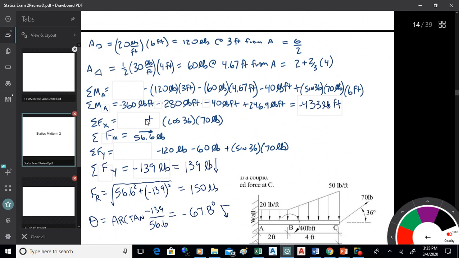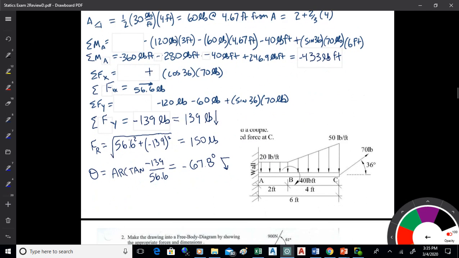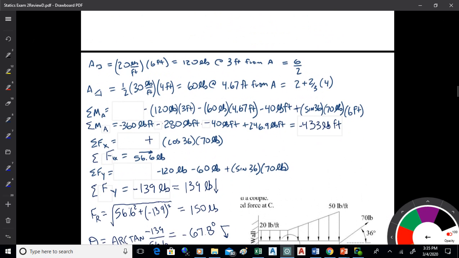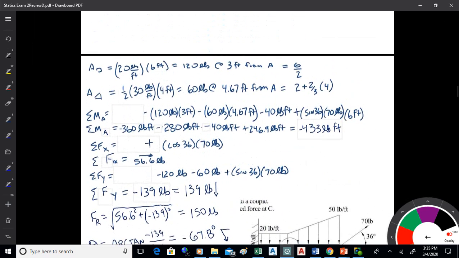The resultant is the action in a physics sense. It's what's done to something. So what I'm asking is, if you take these forces, this distributed load and that angled force and the couple, and apply them to that beam, what's A going to feel? Okay. So what I want you to do is just sum up the forces on this one. And the key word on that is find the resultant. Okay.